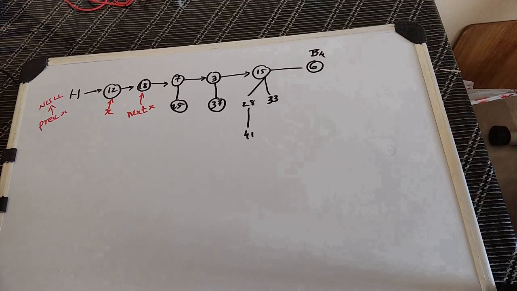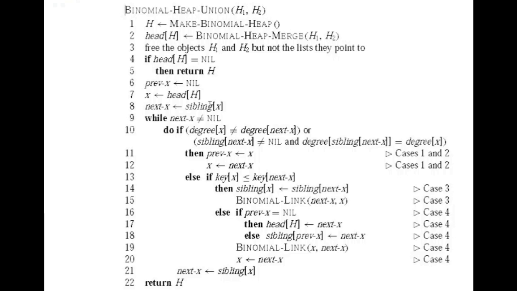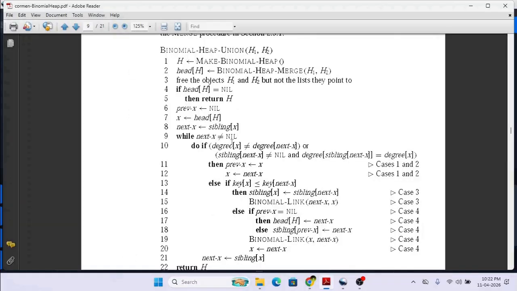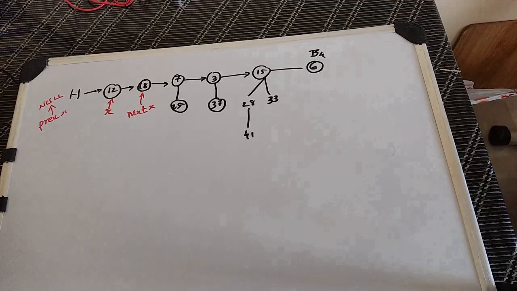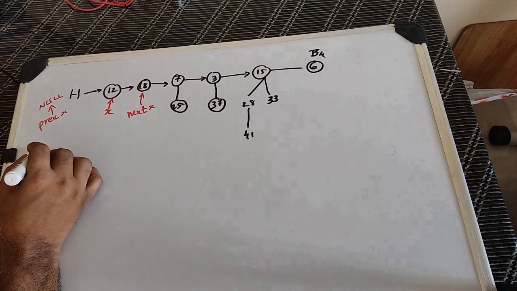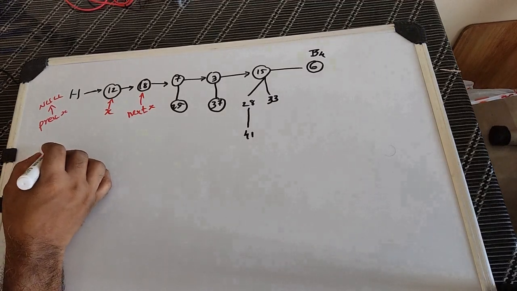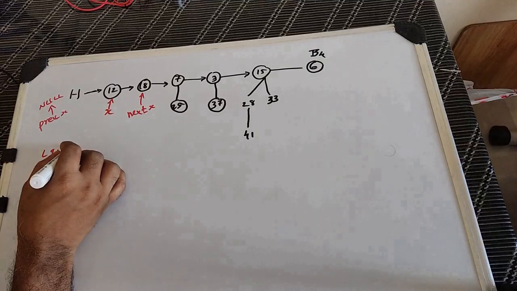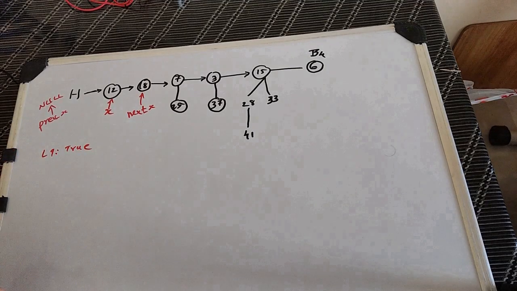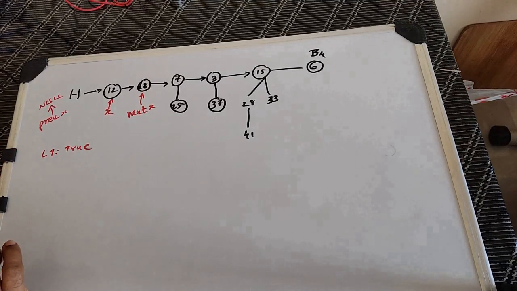After initializing previous x and next x, we are entering a while loop. While next x not equal to null. Line number 9 is true now, that is the while loop.